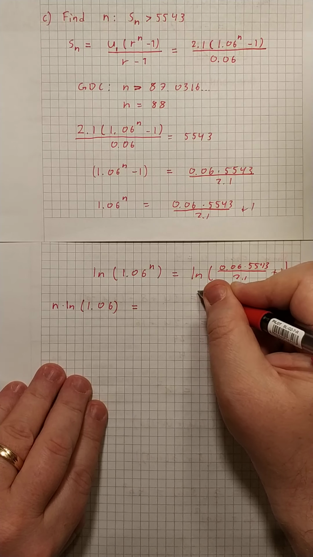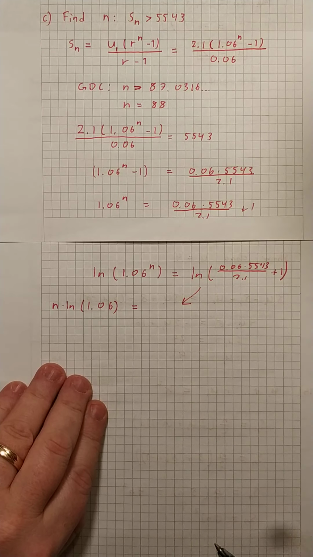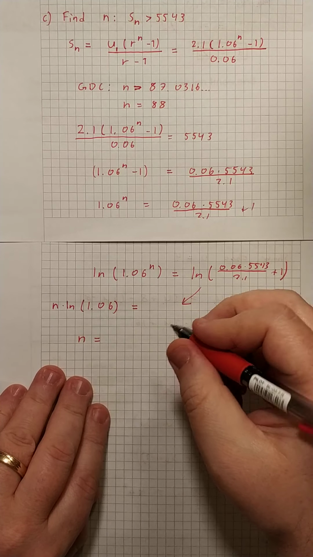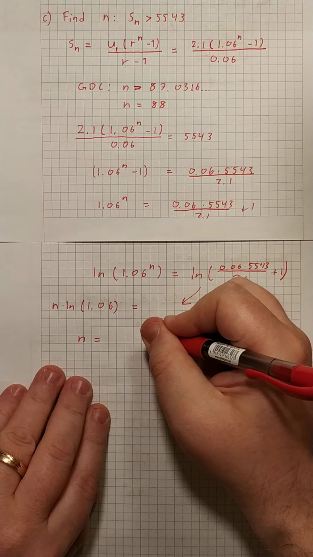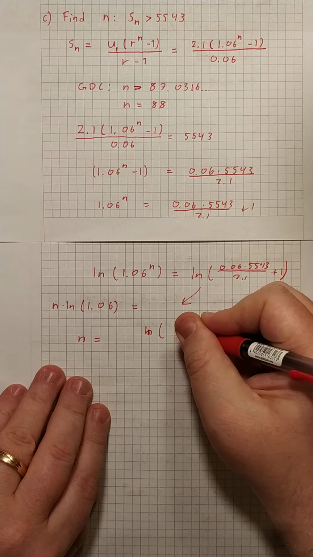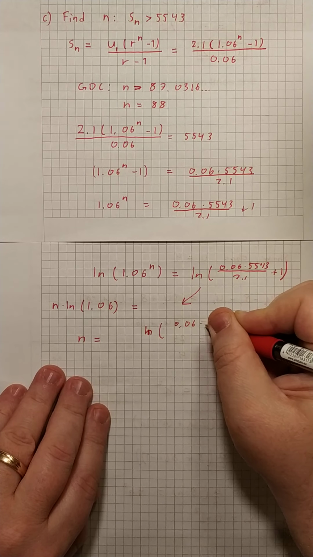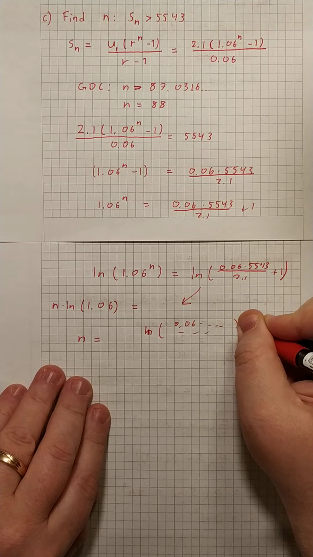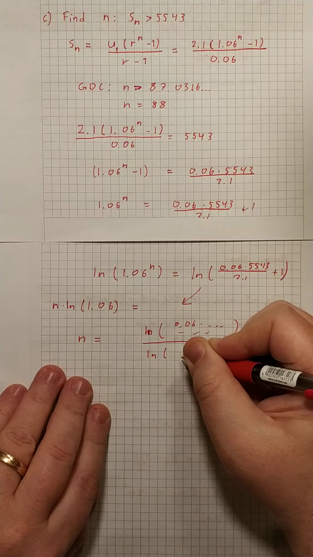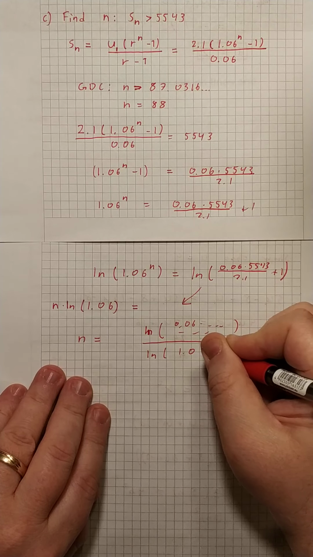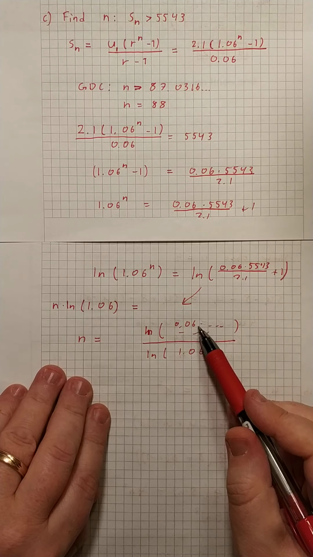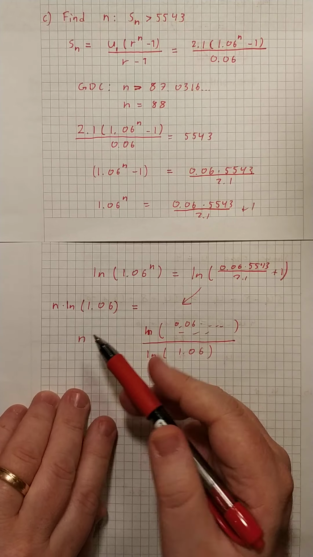I'm just going to copy that down, because this means that n equals the log of 0.06 times and so on, divided by the logarithm of 1.06, and everything here are known numbers, so this we can put into a calculator and get n.